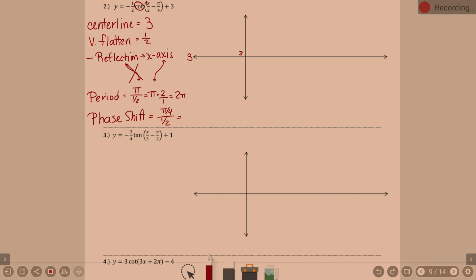Okay. I just hadn't looked at my answer key, honestly. I hadn't processed it. So pi over 4 becomes times 2 over 1, which is 2 pi over 4, but we say that as pi over 2. And left or right? Be pi over 2 to the right. Okay.